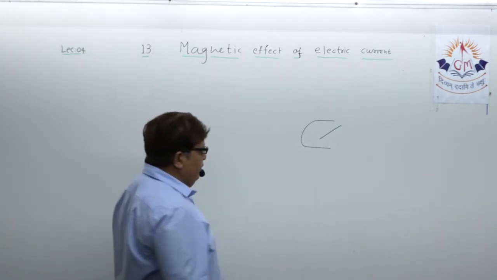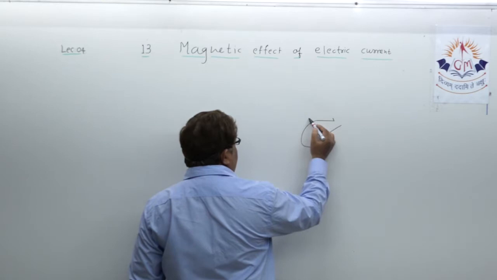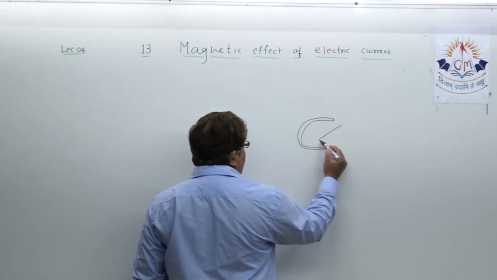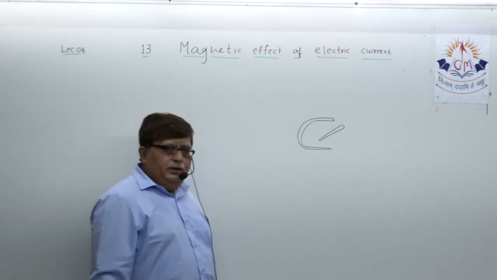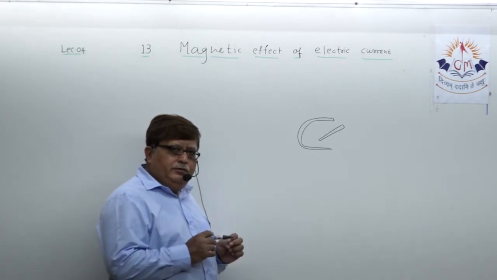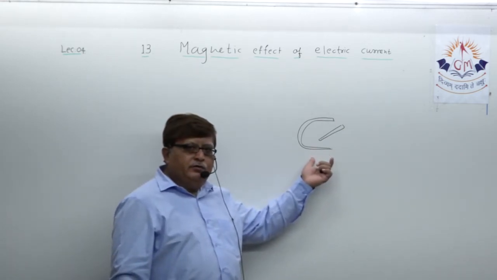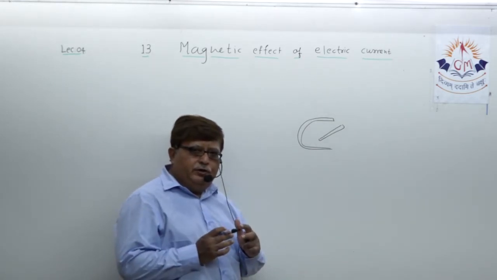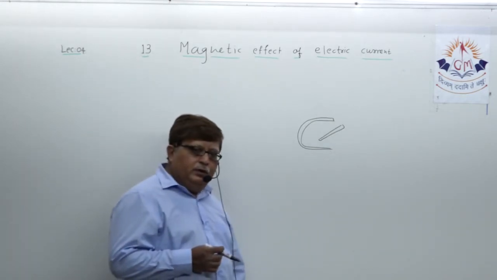Suppose this is a magnet already, just to give you an idea only, and suppose this is the conductor. Now when you keep a conductor inside the magnetic field, obviously every magnet has got its magnetic field, and this field is constituted by those magnetic lines which travel from north to south pole. You already know.